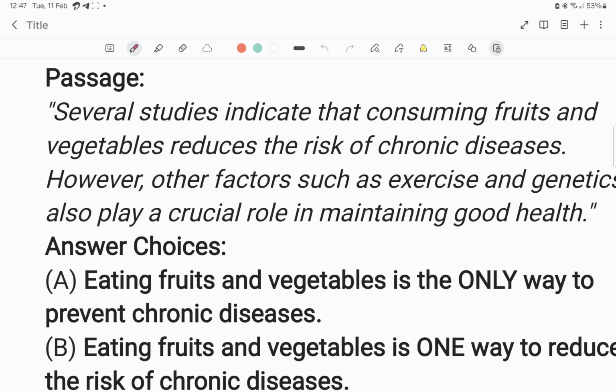Several studies indicated that consuming fruits and vegetables reduces the risk of chronic diseases. However, other factors such as exercise and genetics also play a crucial role in maintaining good health. The answer choices are: eating fruits and vegetables is the only way to prevent chronic disease; eating fruits and vegetables is one way to reduce it.